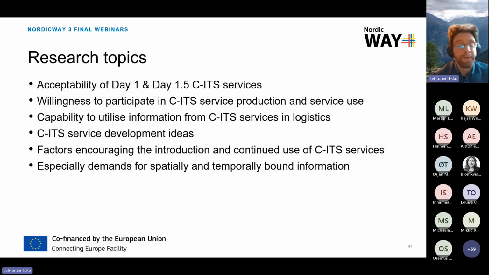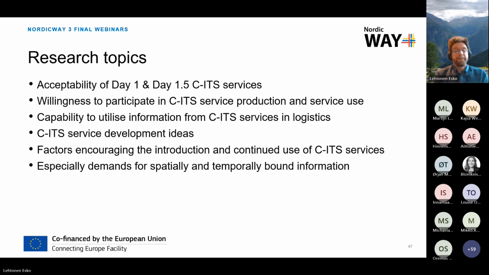And then we were interested also in the capability to utilize information from C-ITS services in logistics in general. What kind of development ideas the stakeholders could have regarding the services, and which factors encourage the interaction and continued use of C-ITS services in the field.